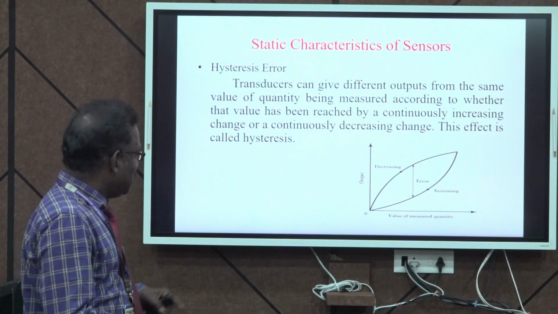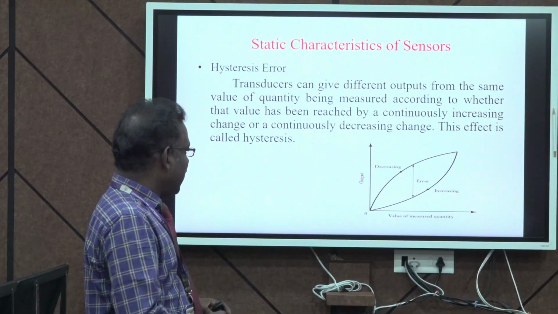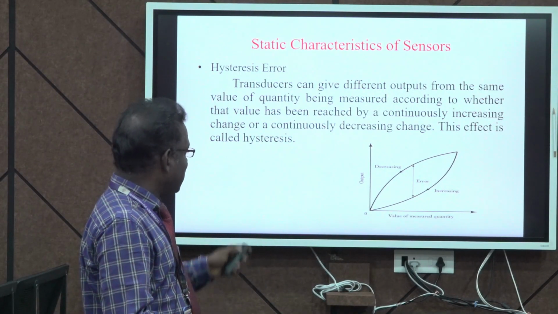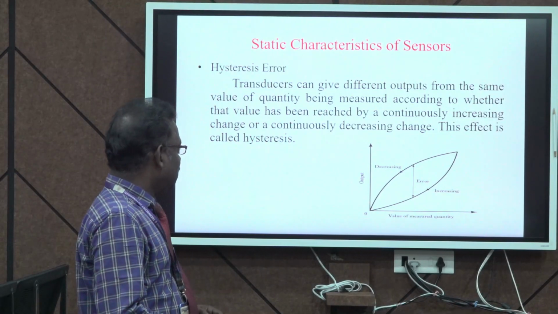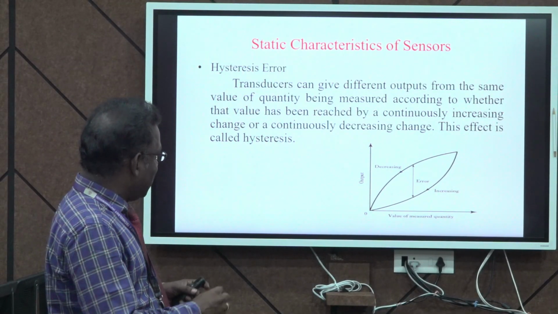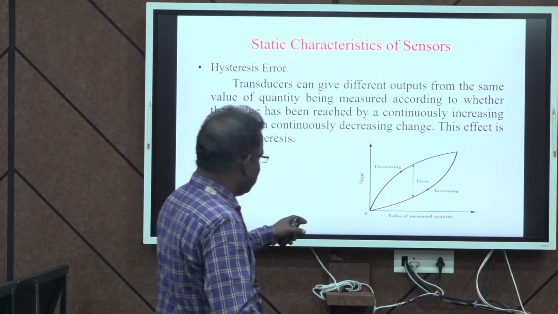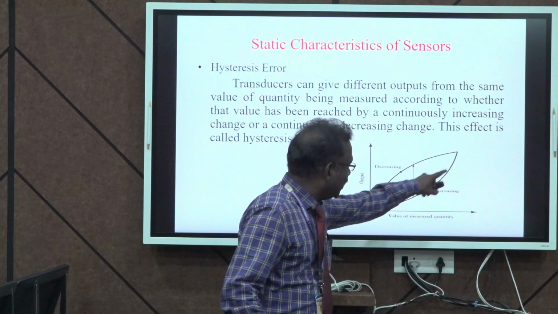In the graph shown here, the value of the measured quantity is plotted on the x axis and the output from the transducer or sensor is plotted on the y axis, and here we are increasing the input value from 0 to maximum. So we are getting a curve like this one.